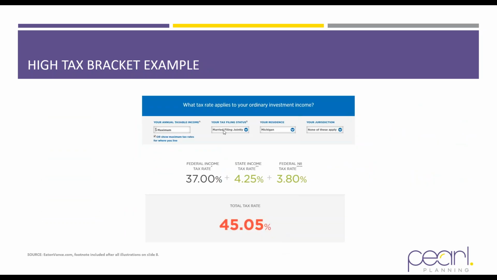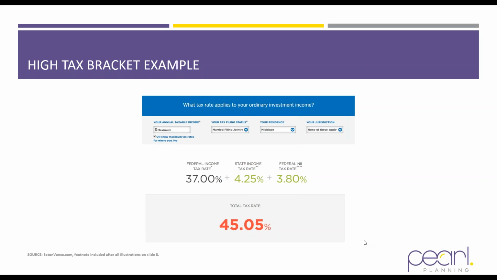And in this case, we're assuming you're married, filing jointly. You have a very high income, and so thus your total tax rate may be, in this generic illustration, 45.05%.